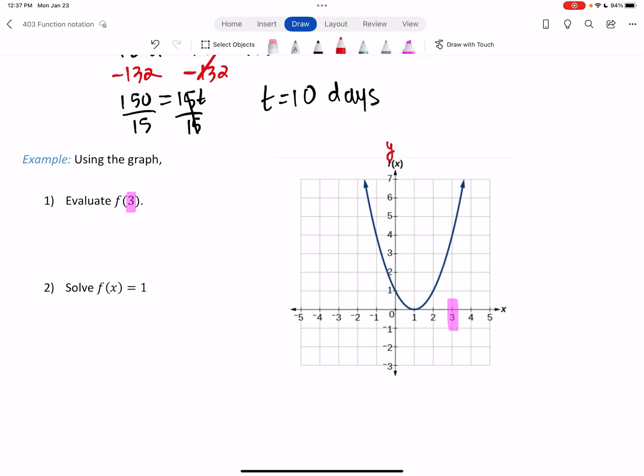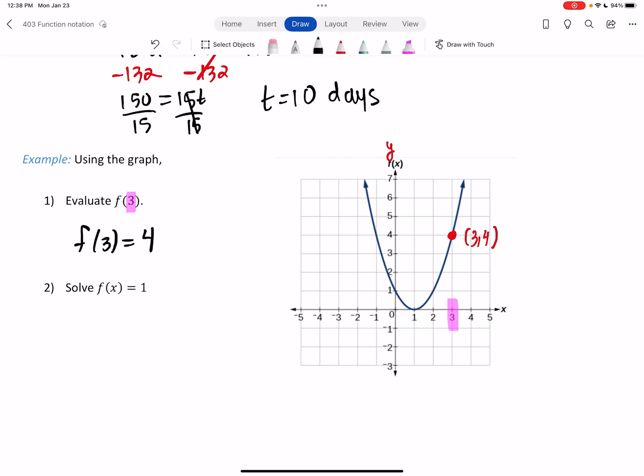And what we're doing is we're going to x equals 3 and we're looking for the point on the graph. And so the point that we found is 3, 4. We knew the input was 3, we were looking for the output. So f of 3 equals 4. When I go to x equals 3, the graph spits out the point 3, 4. The y value is 4 there.